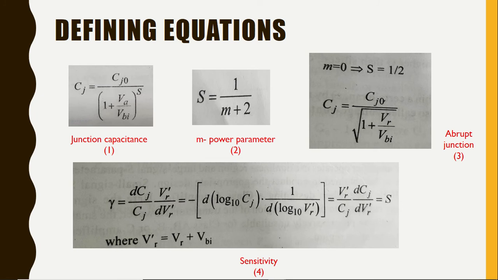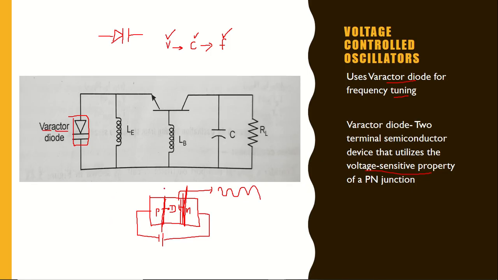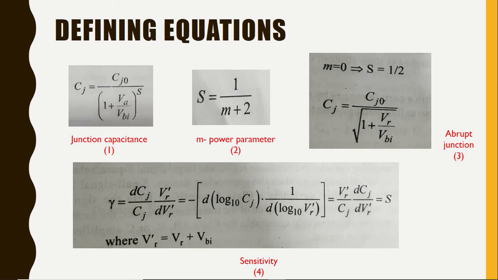Now these are the defining equations of the varactor diode. So Cj stands for the junction capacitance that is created at this point. The capacitance that is created at this particular terminal is called the junction capacitance. Cj0 is the capacitance at the junction without any bias given to the circuit; even though we do not give an external reverse bias, without any external supply, there might be a small amount of capacitance at the junction.